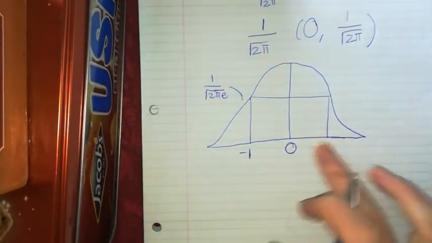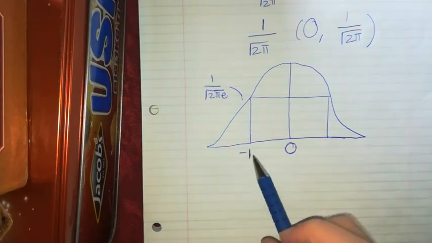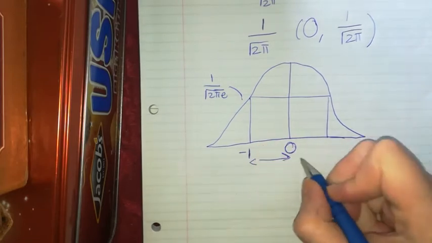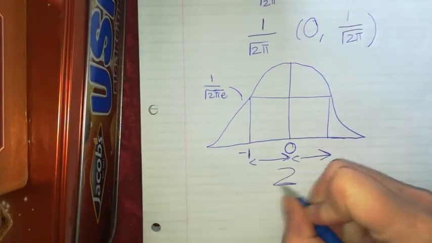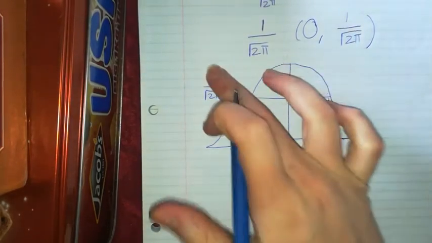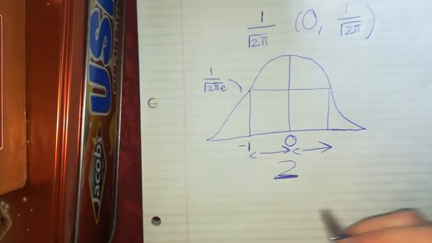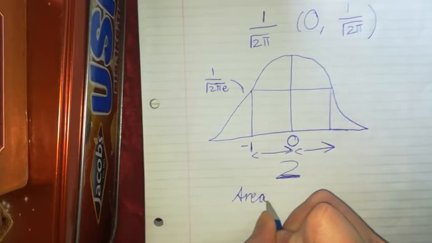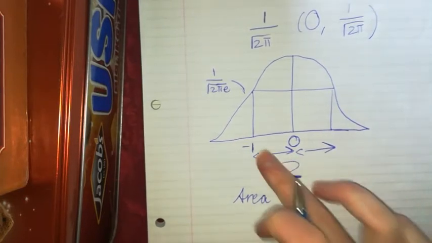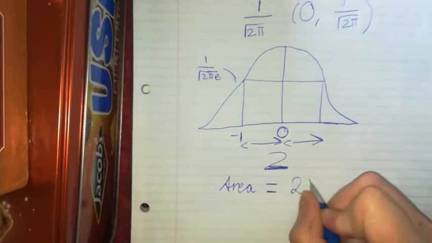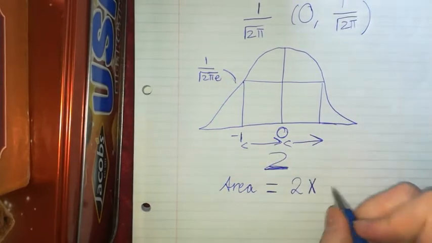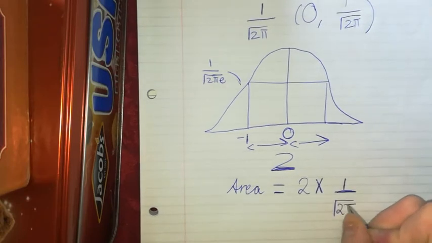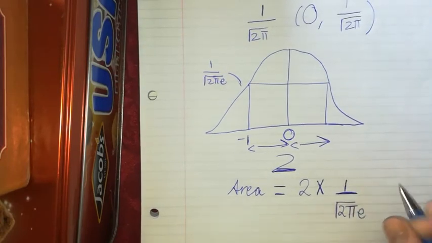If that's a jump of 1 to get to here, then this whole length here is going to be 2, and the height is this here. So the area of the shaded rectangle is going to be 2 multiplied by the height, which is 1 over root 2 pi e.